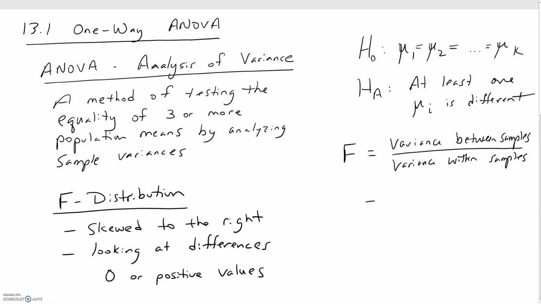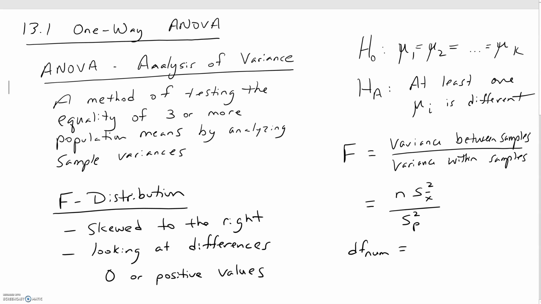If we were to get the notation down a little bit closer, to find the variance between the samples, we need to take n times the variance of the x bars. And to find the variance within the samples, we would need to find the variance of the pooled sample. We would have 2 degrees of freedom if we were looking at this a little bit closer.